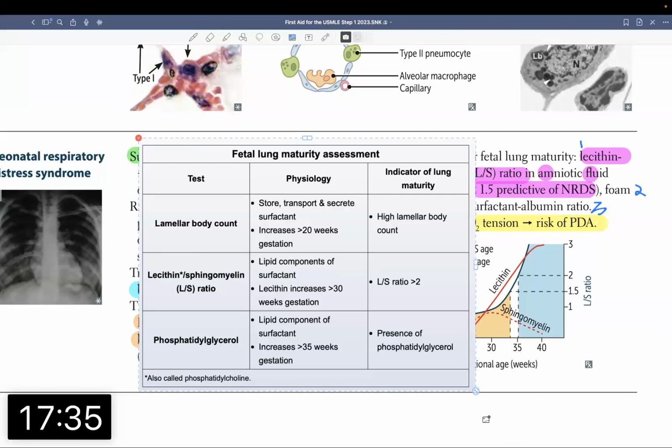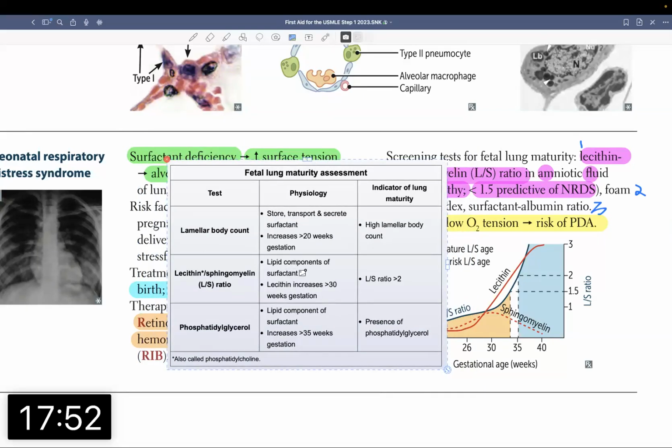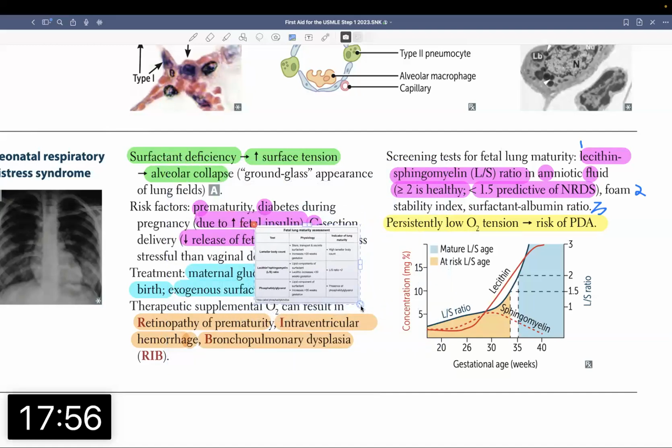Then we know it's an indicator of lung maturity. Lamellar bodies store, transport, and secrete surfactant, and increase after 20 weeks. The L/S ratio reflects the lipid components of surfactant, with lecithin increasing after 30 weeks gestation. Phosphatidylglycerol, also a lipid component of surfactant, increases after 35 weeks. So the ratio increases at 30 weeks, and phosphatidylglycerol at 35 weeks.